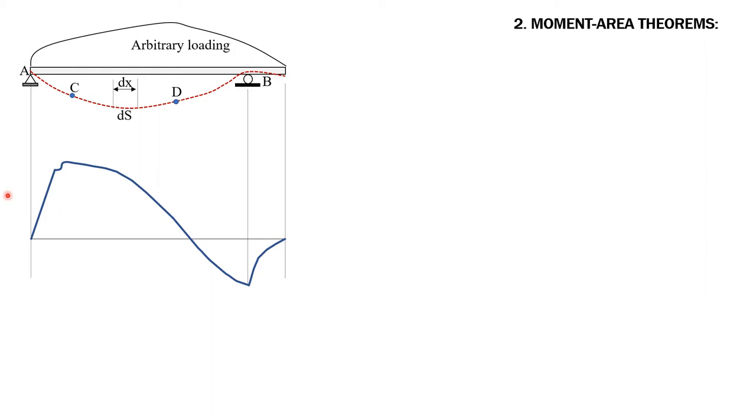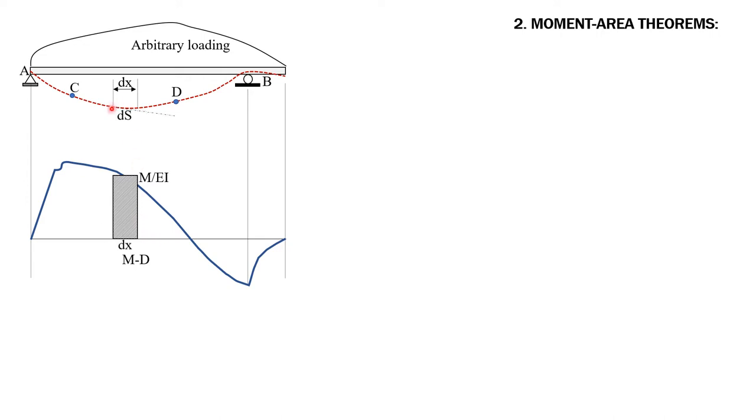So let us say this is the moment diagram, and let's consider portions between C and D only. And of course, the height of this strip, which is highly exaggerated, is equal to the M over EI diagram, and the base is equal to differential x, which is again very small.